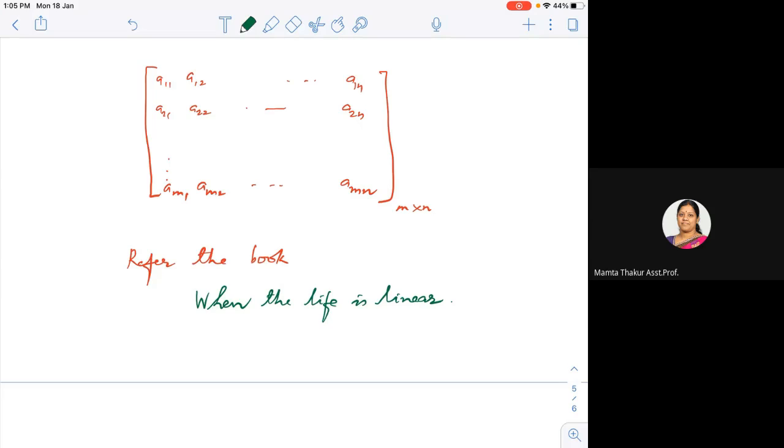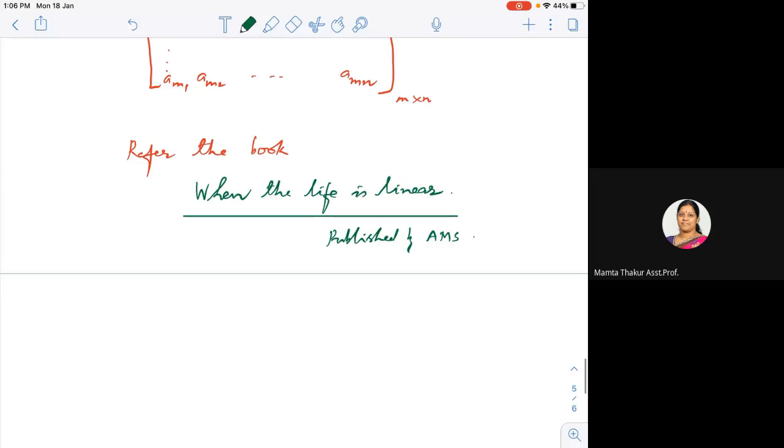This is the text published by the American Mathematical Society. You can see nice illustrations pertaining to all these matrix operations with numerous applications.